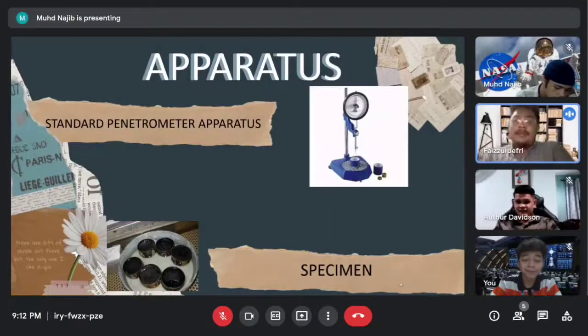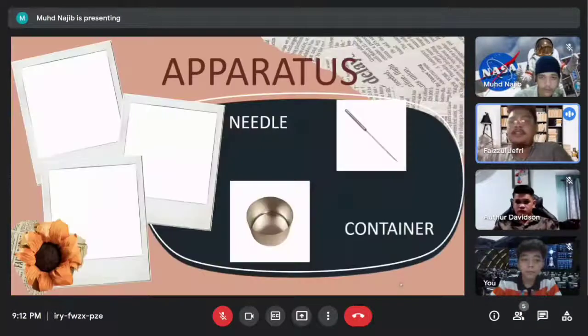Thank you. My name is Muhammad FAIZZUL and I will explain about the apparatus. The first apparatus is the standard penetrometer apparatus. It is to measure the penetration of bitumen. The second one is the specimen container, to put bitumen in it. Next is the needle, and then we have the container.